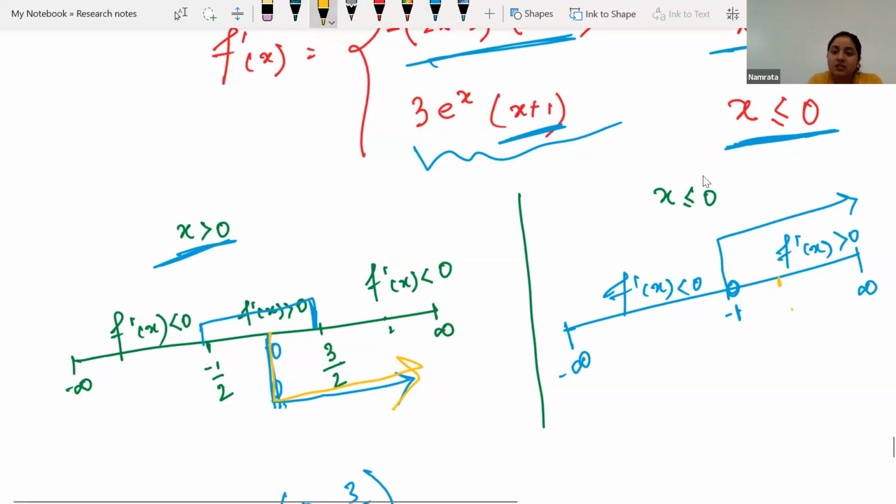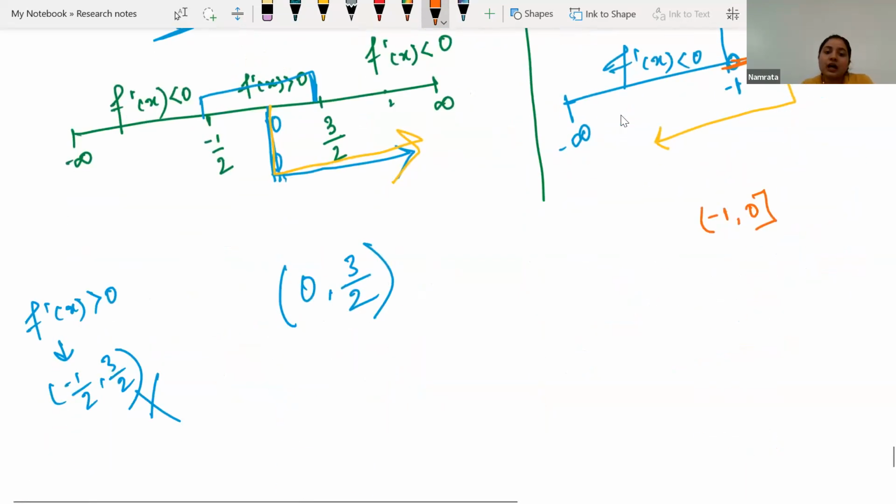This is the point 0, and x is smaller than or equal to 0, that means this part. So from here, what are we getting? We are getting that we can take here only the function is increasing. This is the common region we can take over here, that means -1 to 0.